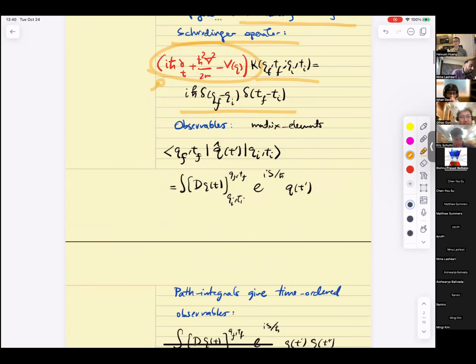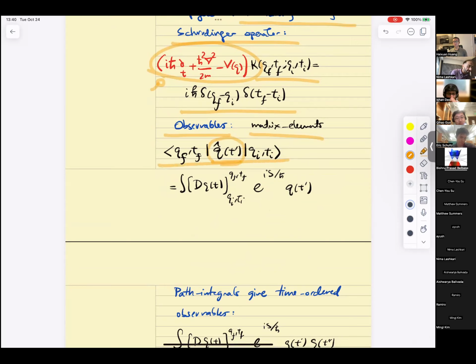We mentioned that in the path integral formulation of quantum mechanics, we can deal with observables, and we naturally calculate the matrix elements of observables, so some q hat of t prime. Recall that we're always in the Schrodinger picture, so observables are dependent on time.